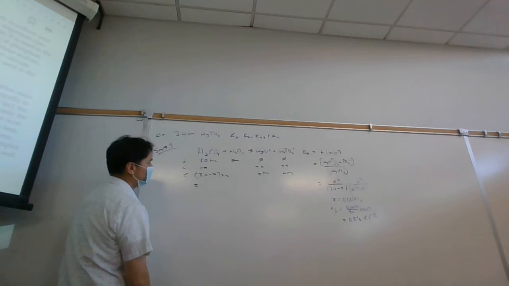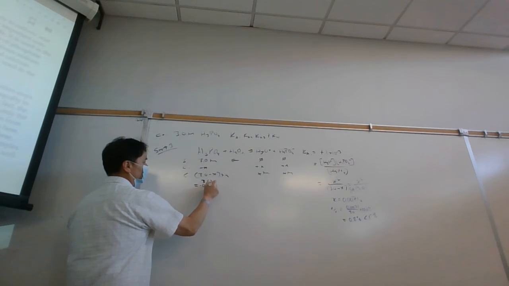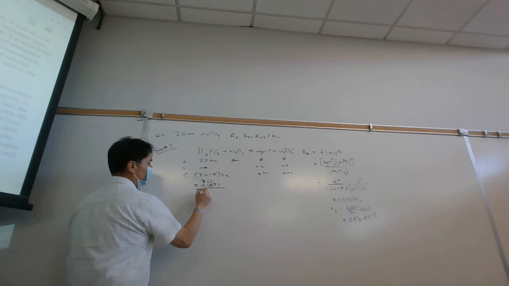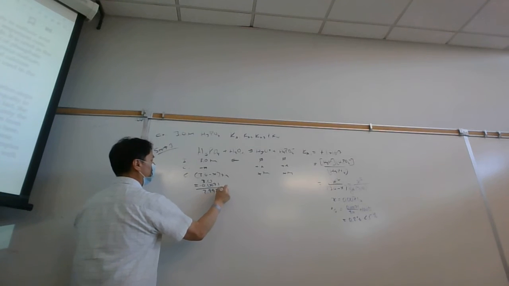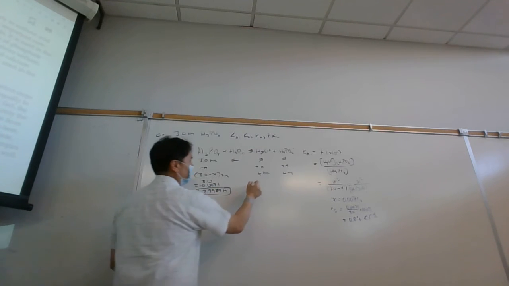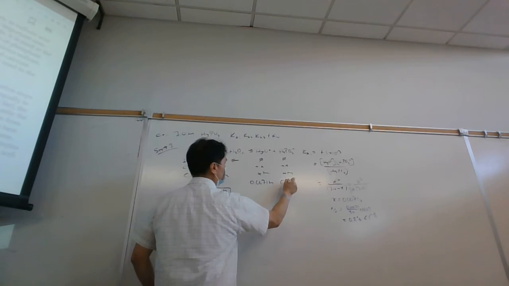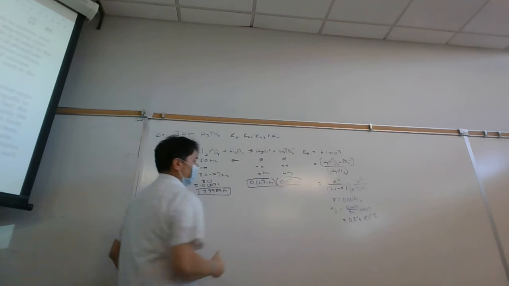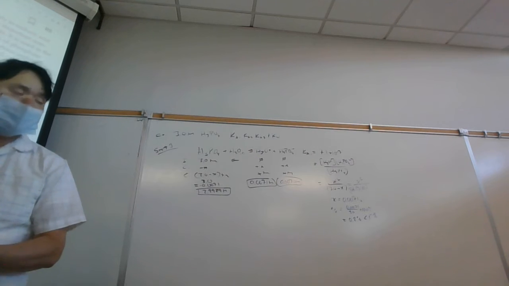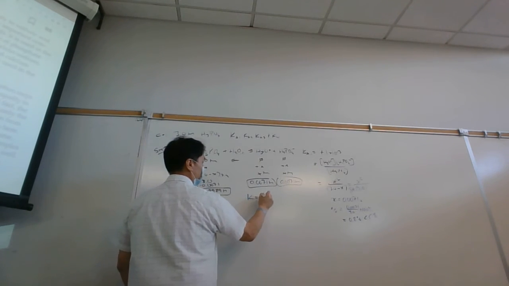So 0.0071. So this is going to be 3.0 minus 0.0071, which is going to be 2.9929 molar. Then over here we're going to get 0.0071 molar and 0.0071 molar. All right, let's check to make sure that's okay.